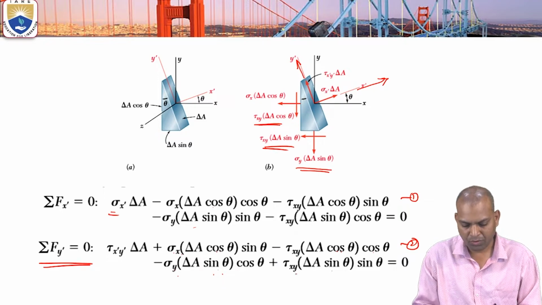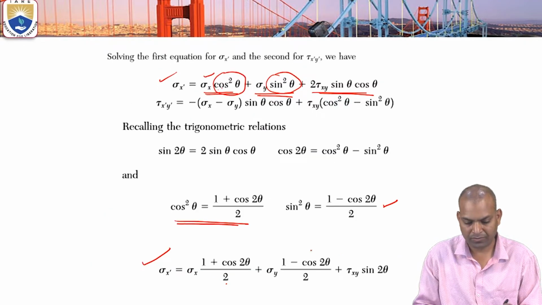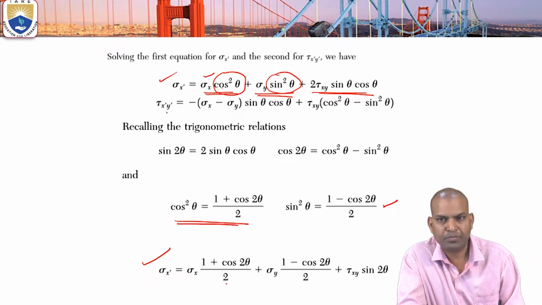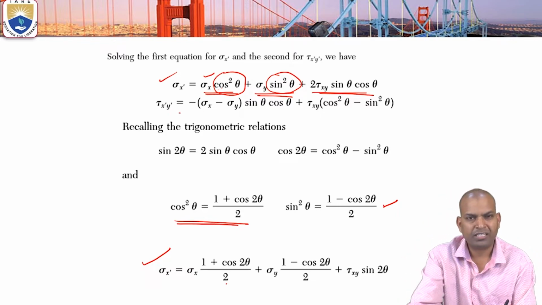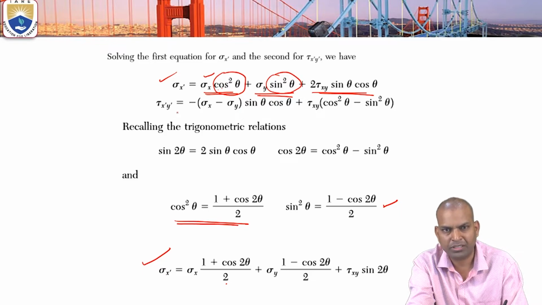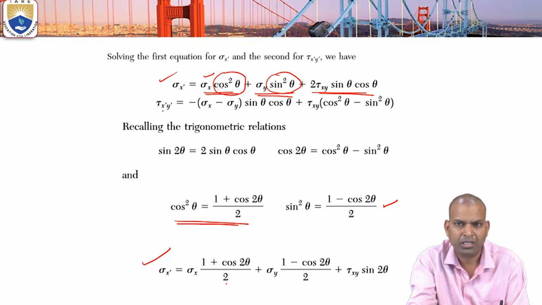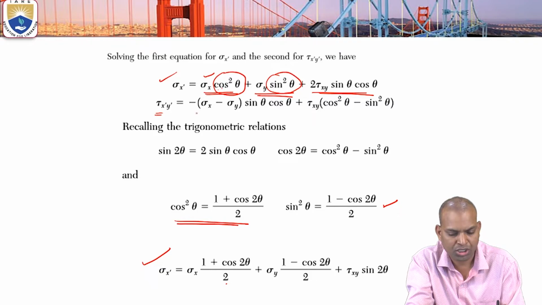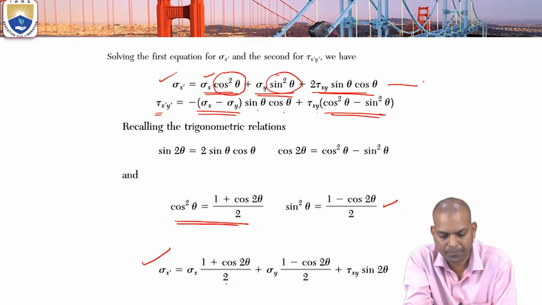Then taking tau xy common, cos square theta minus sin square theta, that means cos 2 theta, comes here. After simplifying and taking common terms out, tau x dash y dash equal to minus of (sigma x minus sigma y) sin theta cos theta plus tau xy (cos square theta minus sin square theta). So this becomes equation 4.